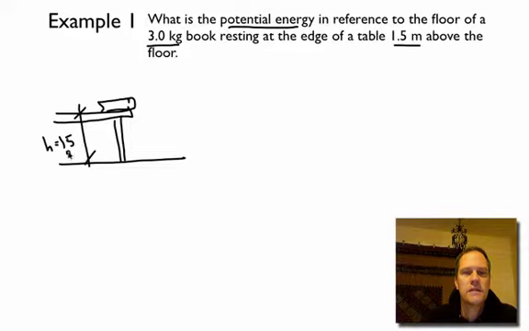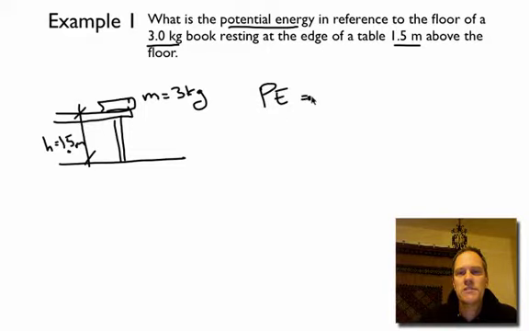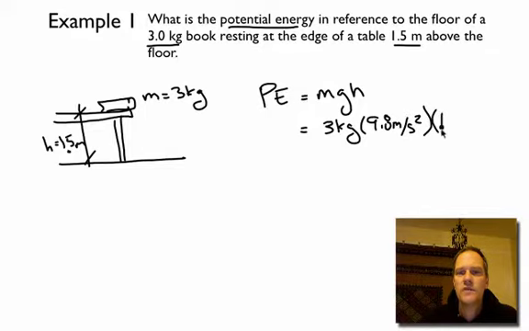I'll get a decimal there. And this mass is 3 kilograms. It's kind of a heavy book. So we want to know what the potential energy is. The potential energy is simply mgh. So we have a mass of 3 kilograms, gravity acceleration 9.8 meters per second squared, and a height of 1.5 meters.